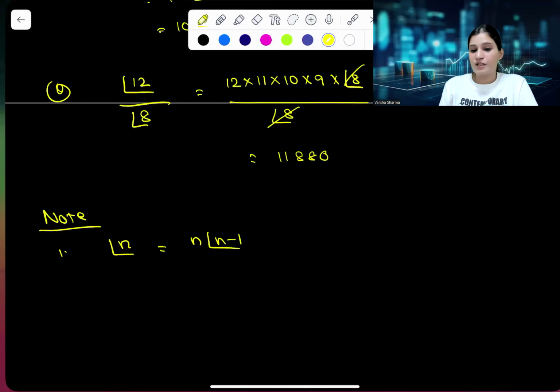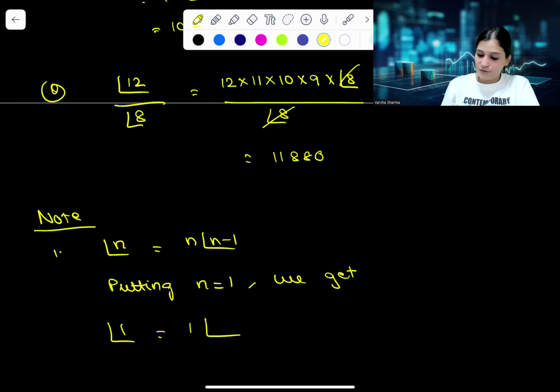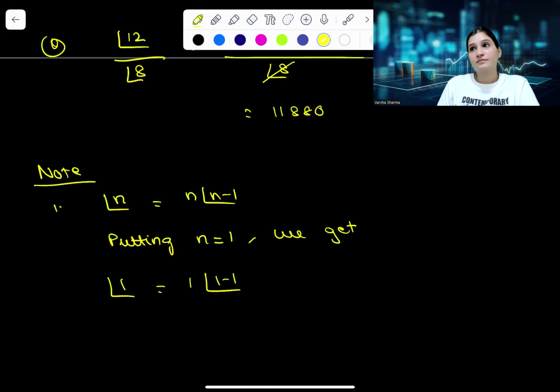N is a natural number, so the first value that I'm allowed is 1. So putting n equal to 1, we get factorial 1 equals 1 into (1 minus 1) factorial. What will be 1 factorial? 1. Now multiply only 1, and this is 0 factorial.